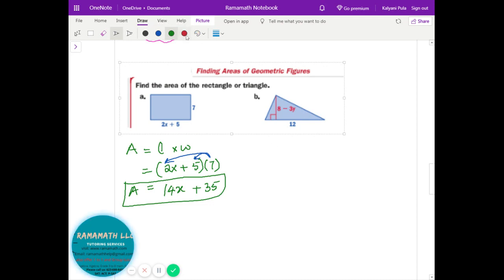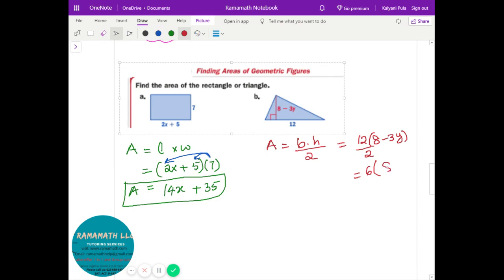Okay. Now let's try the area of a triangle. The area of a triangle is base times the height divided by 2. Okay, so that's the area of a triangle. Let's go try that one. Let's see what we get. 8 minus 3y. Now whatever you get, we have to divide it by 2. Okay? So now 12 goes into 6 times.